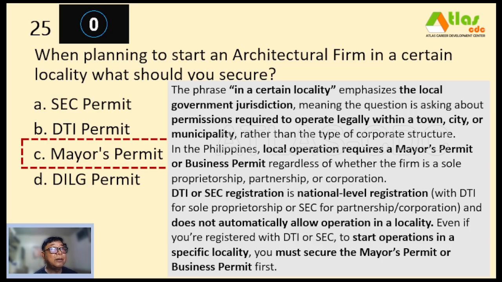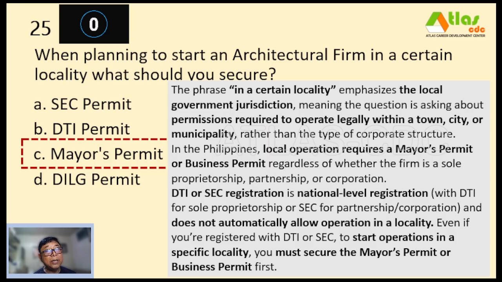In the Philippines, local operation requires a mayor's permit or business permit, regardless of whether the firm is a sole proprietorship, partnership, or corporation. DTI or SEC registration is national level registration, with DTI for sole proprietorship or SEC for partnership corporation, and does not automatically allow operation in a locality.